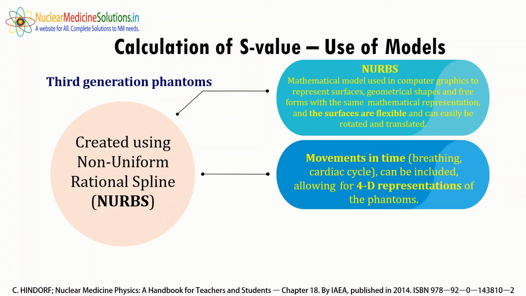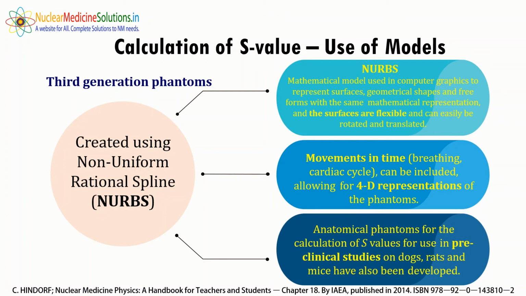They can have movements in time, that is breathing and cardiac cycles can be included, allowing for 4D representation of phantoms, and anatomical phantoms for calculation of S value for use in preclinical studies on dogs, rats and mice have also been developed and calculated.